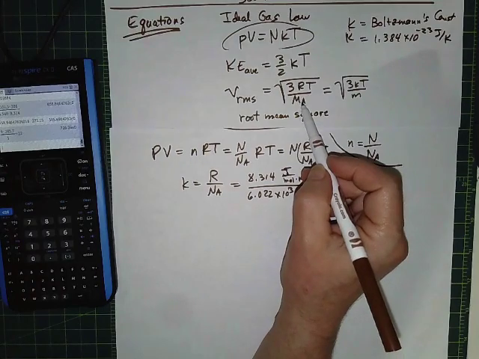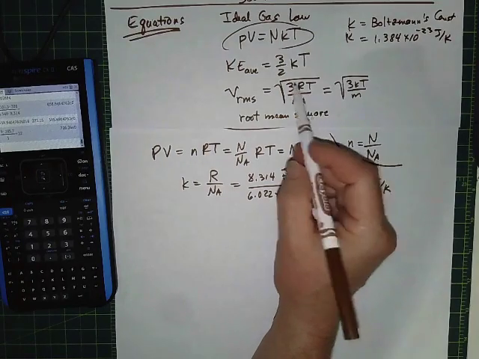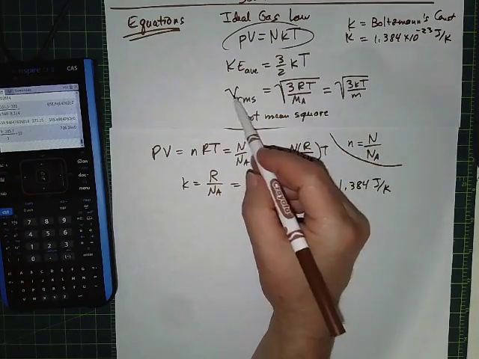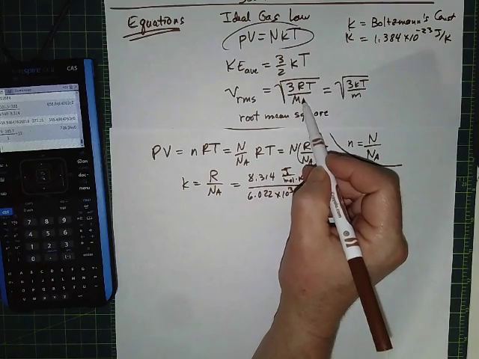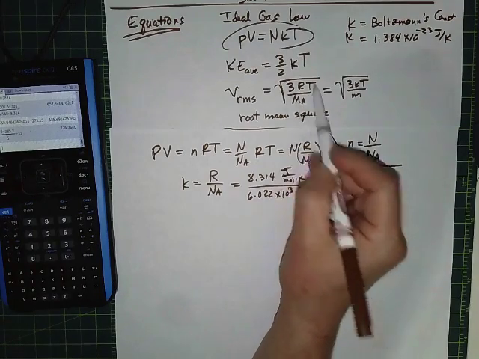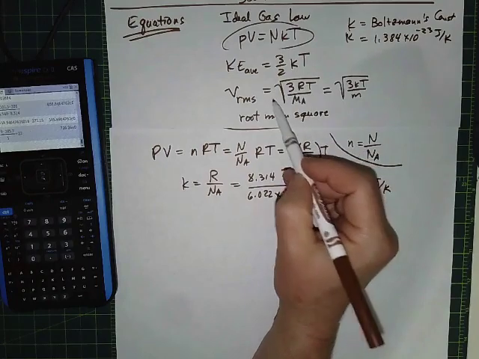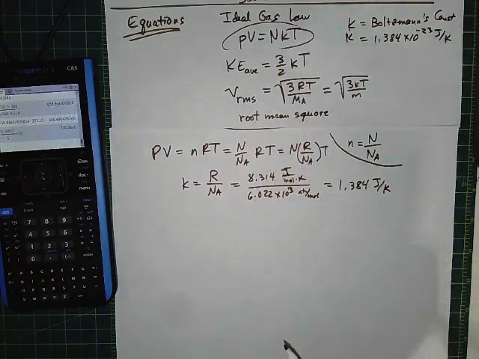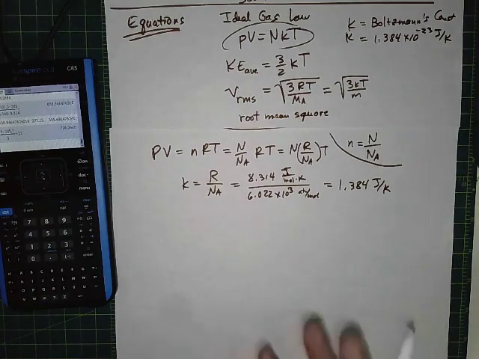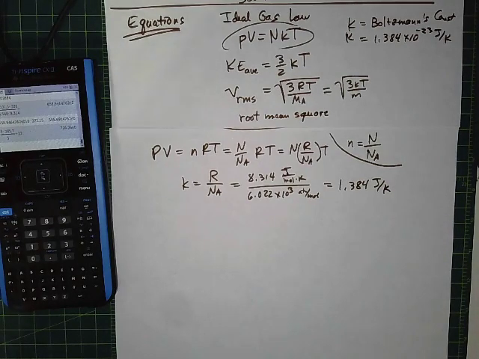If the molecules are heavier, what happens? For the same everything else, the velocity is going to be smaller. Dividing by a bigger number means this whole fraction is going to be smaller, so the square root is going to be smaller, so a slower speed. So hopefully that makes sense. Hotter things move faster, and heavier things move slower. Okay. Let's see, I think we have an example here.